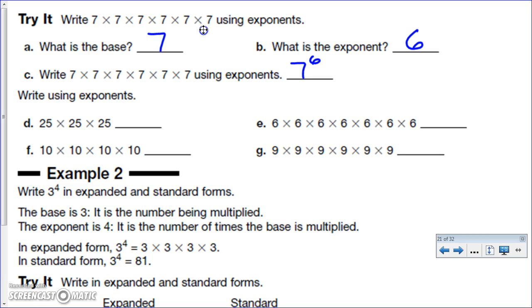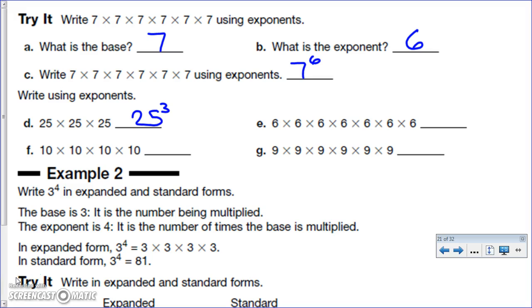Write using exponents for D through G. So we know we have 25 times 25 times 25. So we have a base of 25. It's being multiplied 3 times. So that's our exponent. For E, we have a base of 6. And then we have 7 6s there.